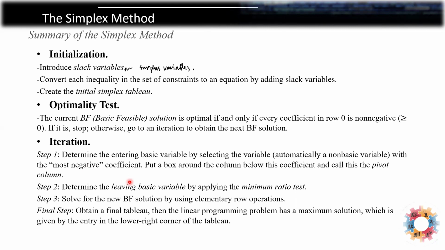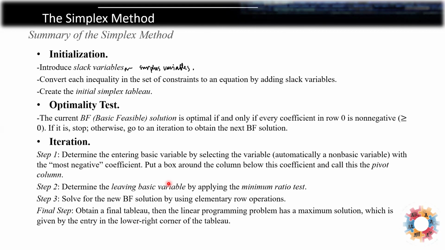Then you apply the minimum ratio test to determine your leaving basic variable. We call these entering and leaving basic variables because the basic variables are placed on the rows, while the non-basic variables, together with some of the basic variables, are placed on the columns.